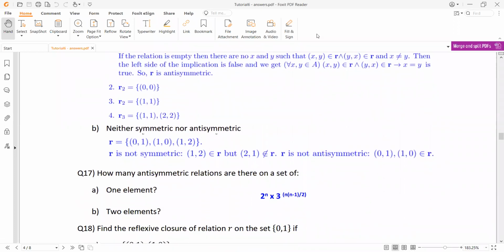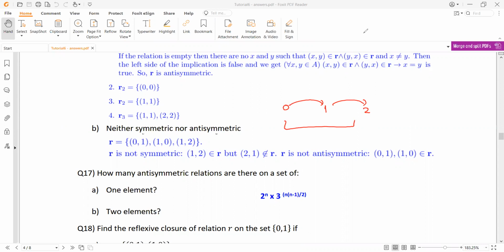Neither symmetric nor anti-symmetric, so this is okay. I'm gonna say I have a relation from 0 to 1 and from 1 to 2. Like this, it is anti-symmetric, but it's not symmetric because I don't have the other way going back from 2 to 1 and from 1 to 0.